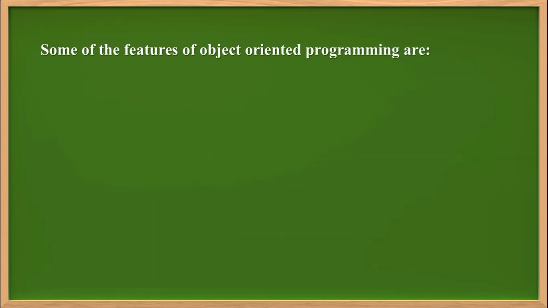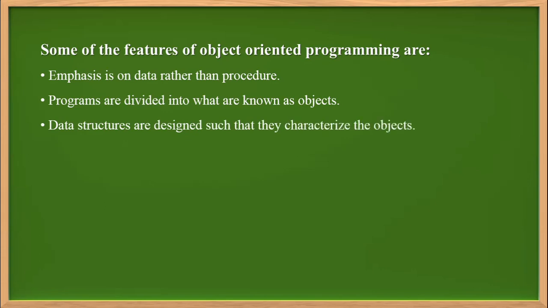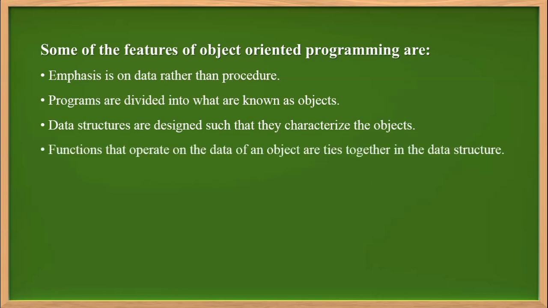Now we will see some of the features of object-oriented programming. These are: emphasis is on data rather than procedure. Programs are divided into what are known as objects. Data structures are designed such that they characterize the objects. Functions that operate on the data of an object are tied together in the data structure.